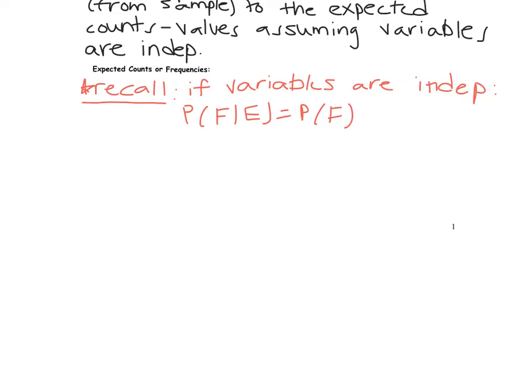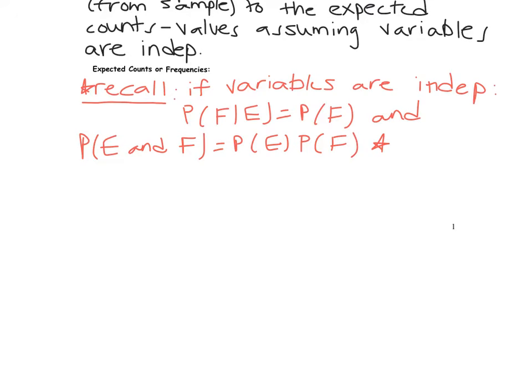And the other thing we know, and the one that we're going to use, is that the probability of E and F, our multiplication rule for independent events, is just the probability of E times the probability of F. And that's what we're going to use to get the expected counts.